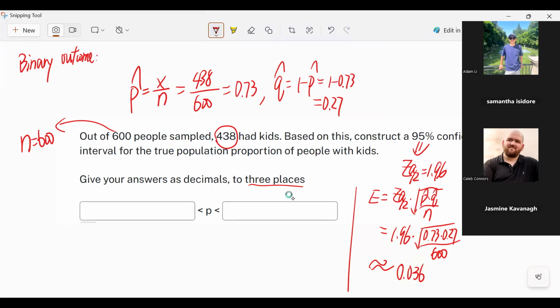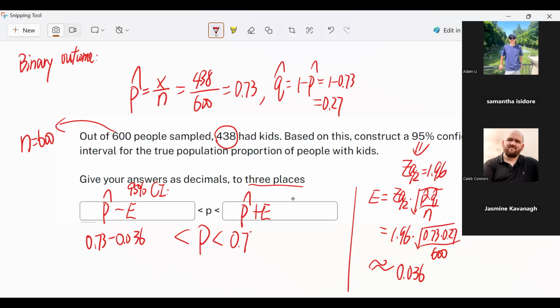And then we take the p-hat and margin error for the 95% level. So 0.73 minus 0.036, and 0.73 plus 0.036. The lower limit is 0.694, which is 69.4%.